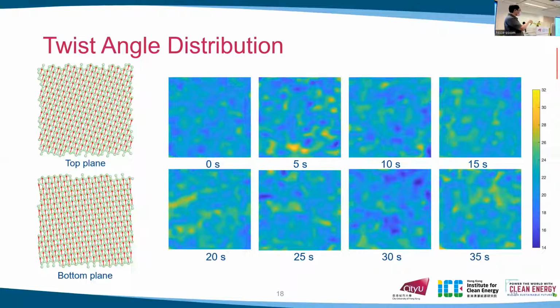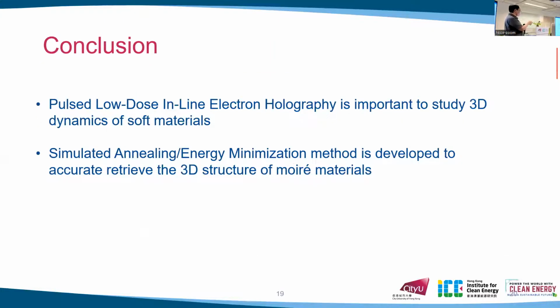So here are the latest conclusions. To study the 3D dynamics of soft materials, pulsed, low dose inline electron holography is very important, so that we do not damage our materials, and we can also obtain atomic scale dynamics.